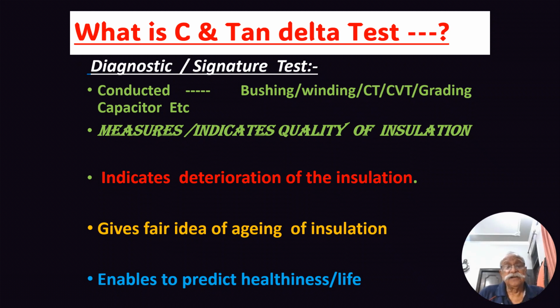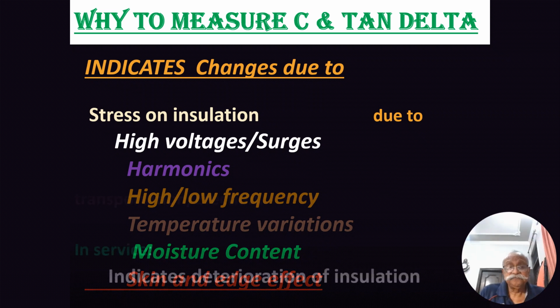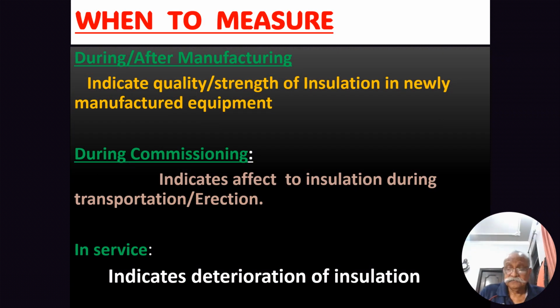Now, where it is to be conducted: bushing, winding, CT, CVT, grading capacitors, and it indicates the quality and gives a fair idea of aging of the insulation. Then why to measure? It indicates changes due to stress on the insulation. And when to measure? During manufacture, it indicates the quality and strength of insulation in newly manufactured equipment. During commissioning, it indicates the effect on insulation during transportation and erection.